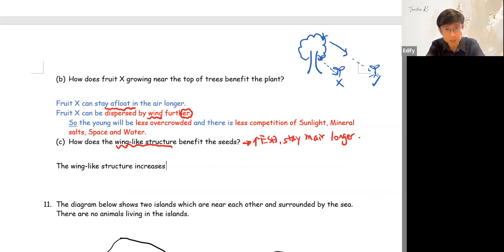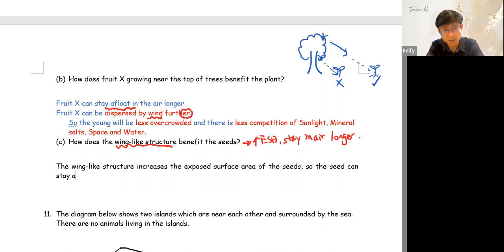It increases the exposed surface area of the seeds or fruit, right? So when it increases exposed surface area, the seed can stay afloat in the air longer, right?